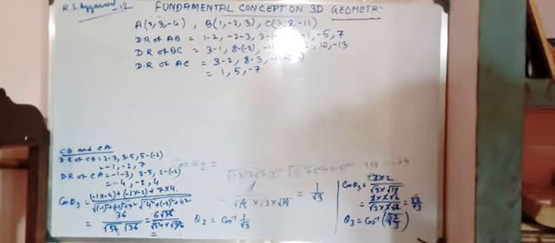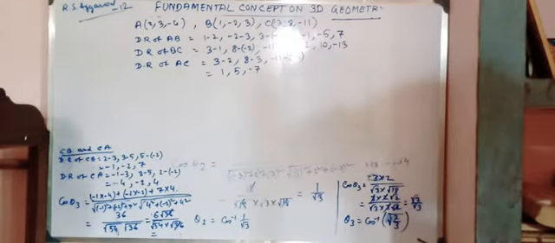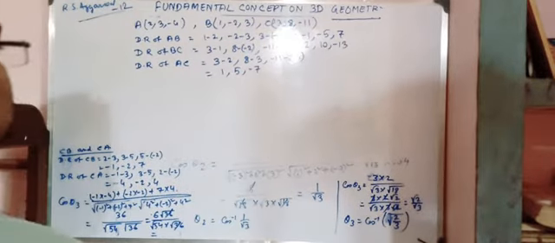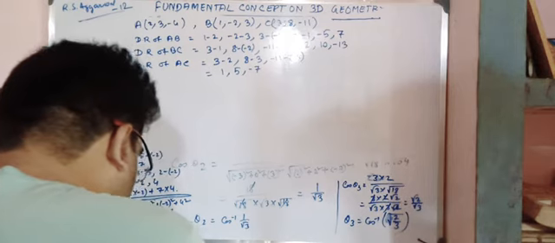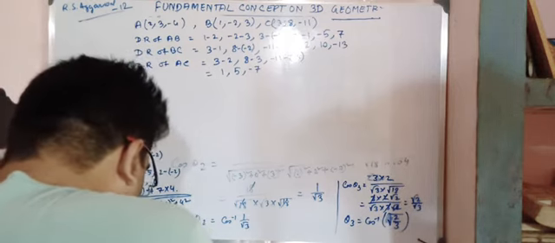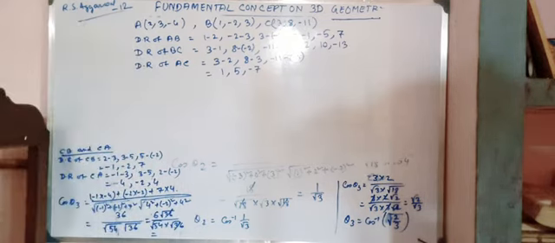So direction ratio of AB was -1, -5 and 7, and direction ratio of AC are 1, 5, -7. So the direction ratios of AB and AC are in proportion.